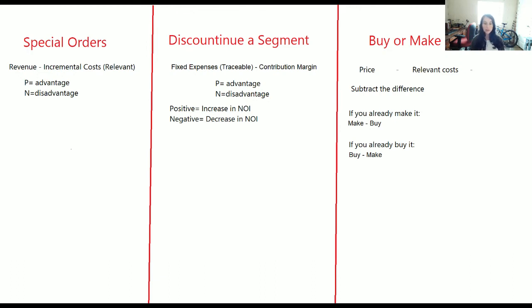The discontinuous segment is the difference between the net operating income before versus the net operating income after they discontinue the segment. And the buy or make is the difference between the price of buying it versus the price of making it.